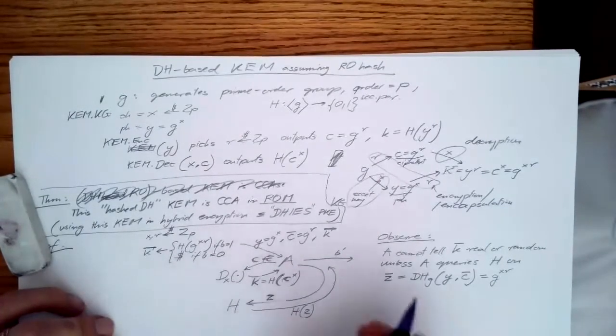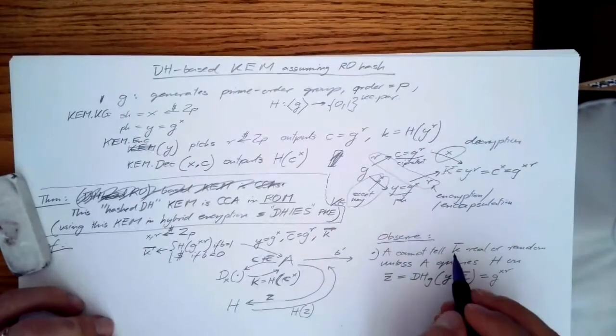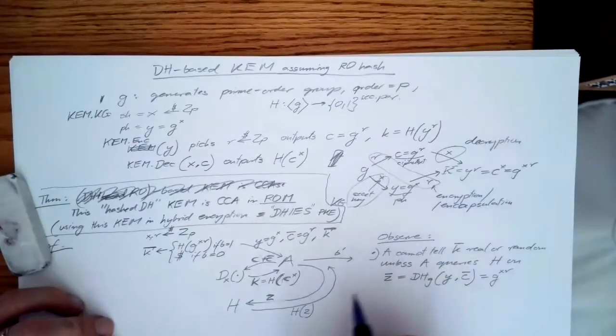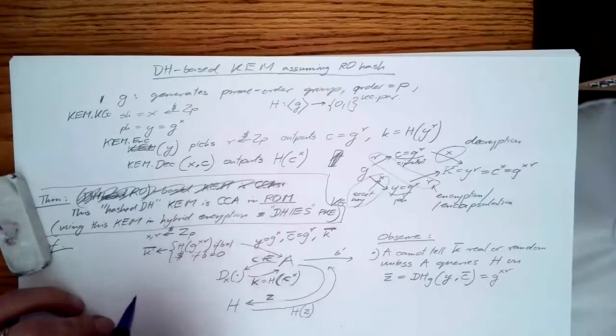Because this is G to the XR. So formally, let's call an event query an event that queries H on Z equal to G to the XR. And let's first argue that unless he makes this query, he has zero probability.